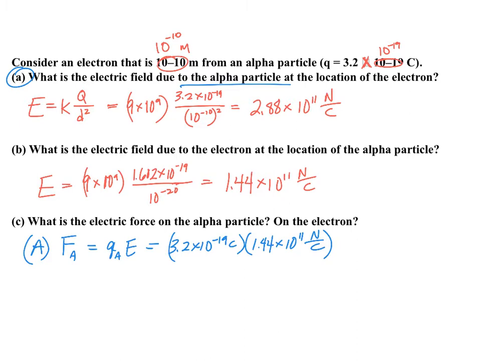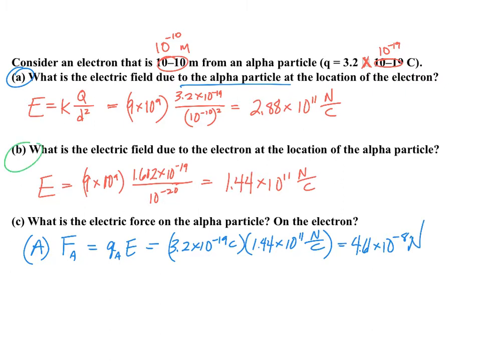Charges feel the force of some other particle's field. Make sure that you never self-reference a charge to its field. It doesn't feel a force from itself. It feels forces from other fields. So this works out to be 4.61 times 10 to the minus 8 newtons on that alpha particle.